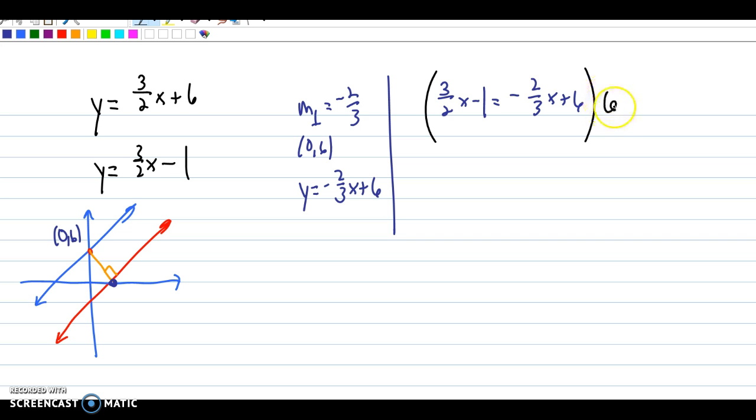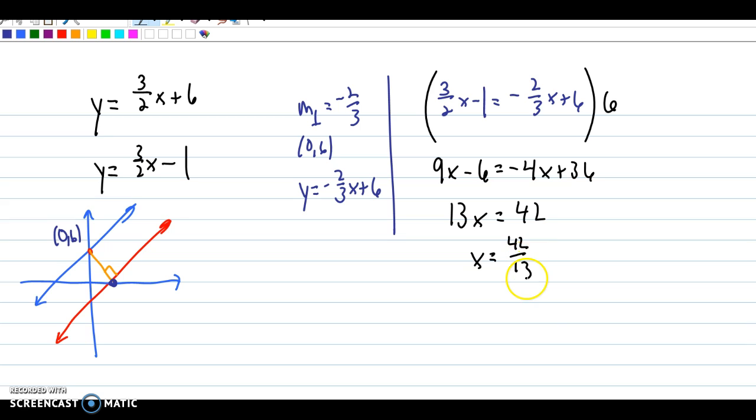So we're going to multiply everything on both sides by 6. Gives us 9x minus 6 is equal to -4x plus 36. And now we'll solve this for x, so add 4x to both sides, add 6 to both sides, divide both sides by 13, and we have this very ugly fraction of 42/13.